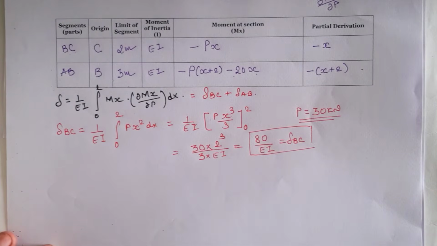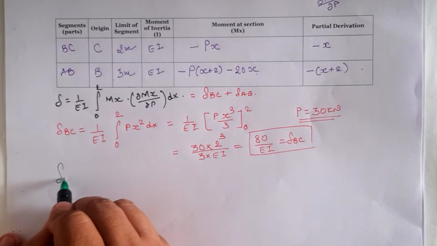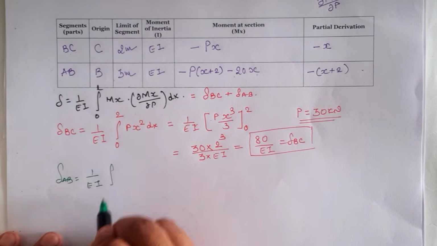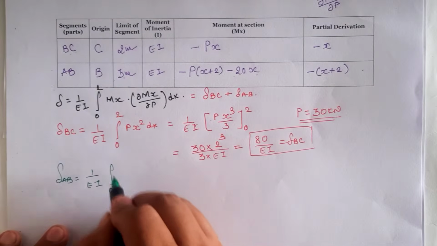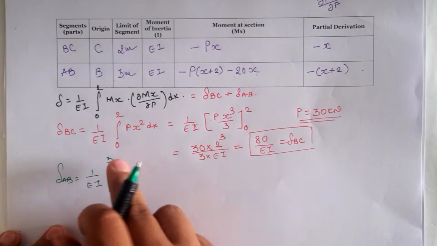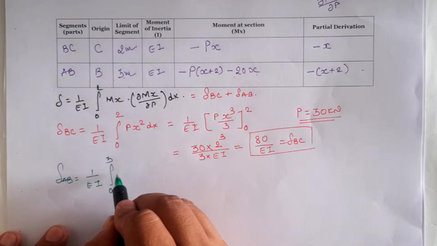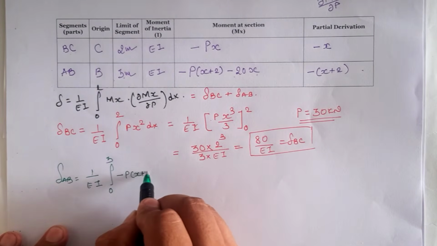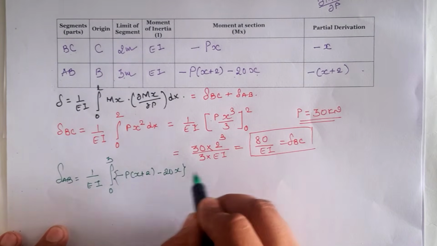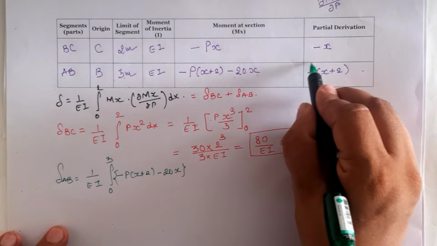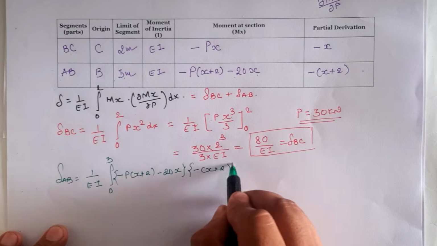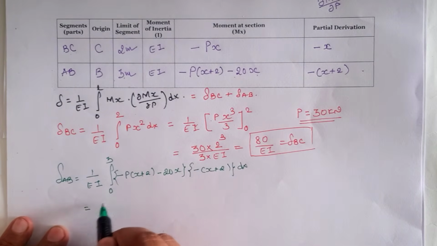Similarly for delta AB, which is equal to 1 by EI integration with limit 0 to 3 meters, as the segment limit is 3 meters. So 0 to 3, Mx as minus P into x plus 2 minus 20x, multiplied by del Mx by del P as minus x plus 2, dx.